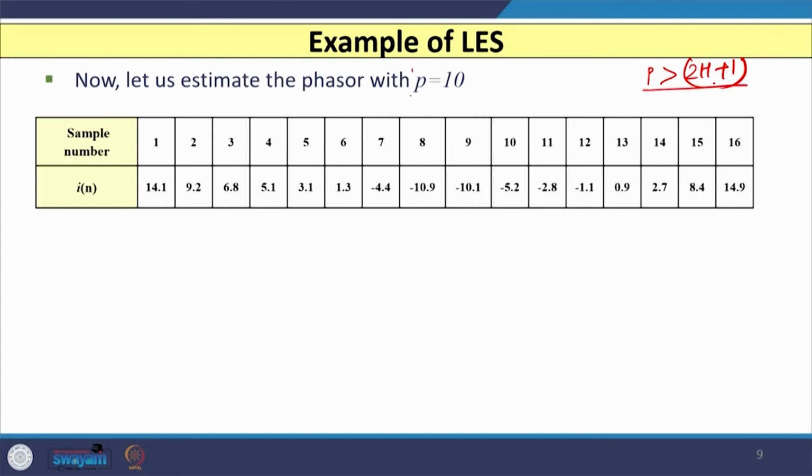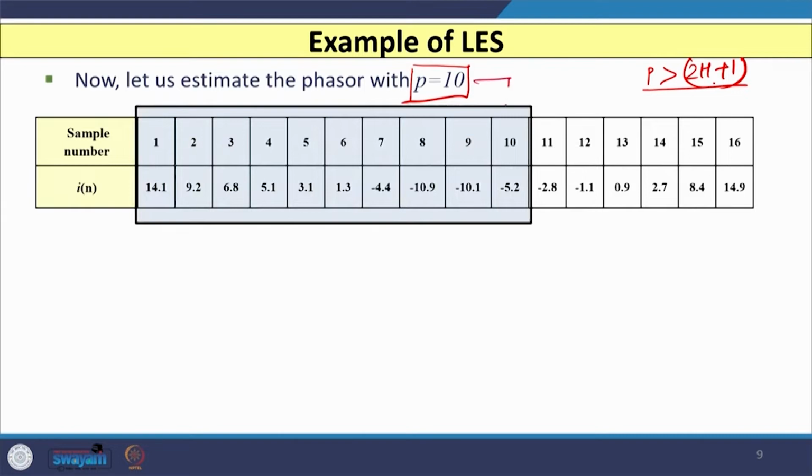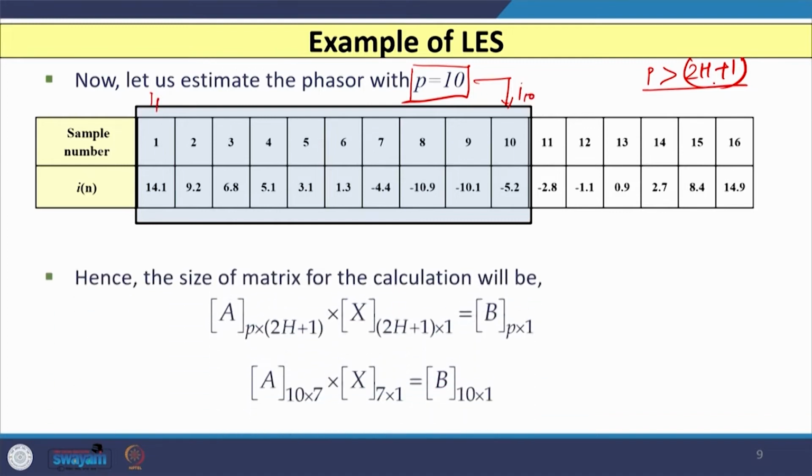So, let us consider P equal to 10. Now you are going to use samples from I 1 to I 10. In this case, the size of the matrix A is P cross 2H plus 1, that is 10 cross 7.